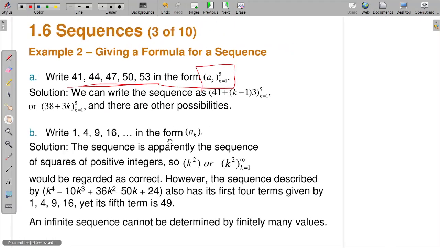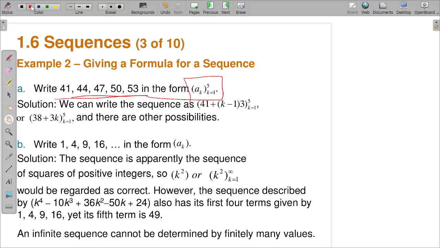In order to do so, you must be sure of this. This is 41. The next one is 44. The next one is 47. What is the difference? It is 3. The difference between them is 3. And we want to count from k equals 1.